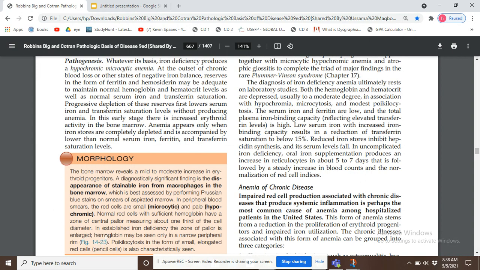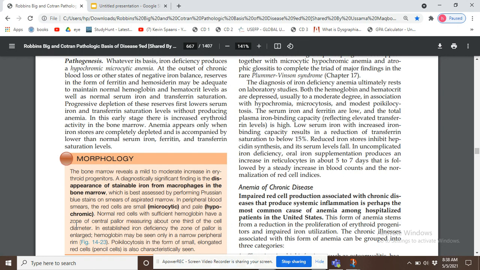The normal red blood cells have hemoglobin surrounding the center, and the central pallor constitutes one third of the cell diameter.